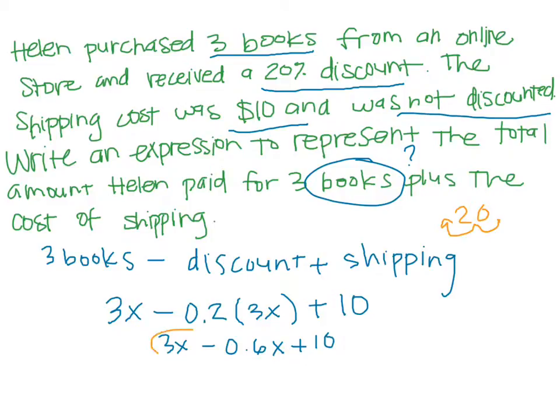We have 2 like terms right here. 3x minus 0.6x, which is going to give me 2.4x, and bring down our constant plus 10. So my final expression that represents the total amount that Helen paid for her 3 books plus shipping is 2.4x plus 10.